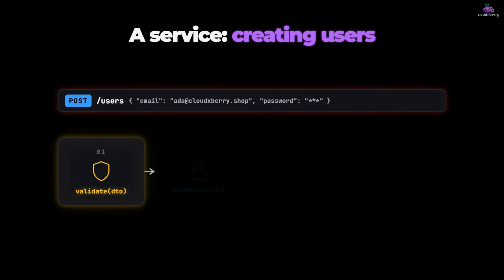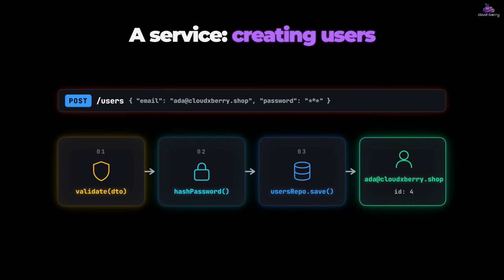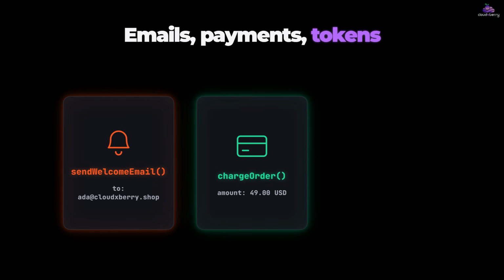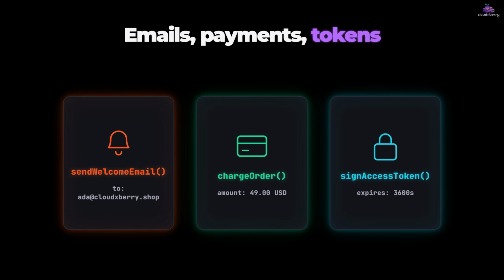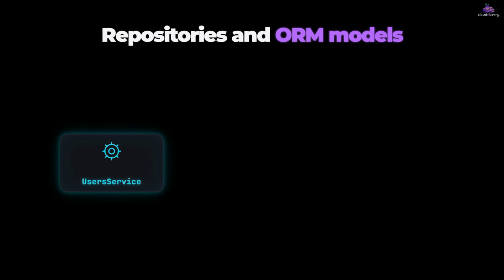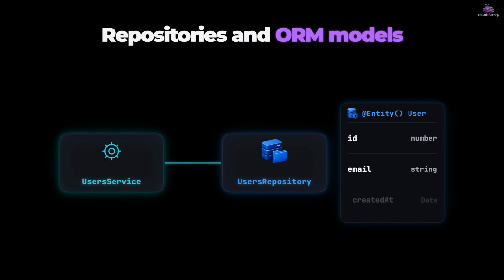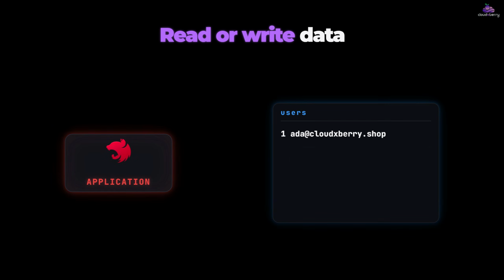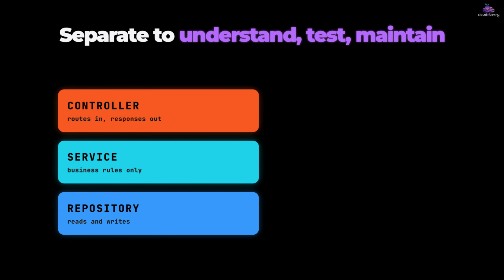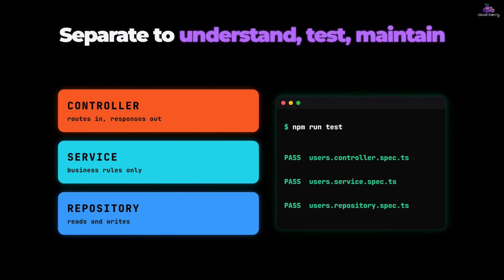A service might contain logic for creating users, sending emails, processing payments, or generating authentication tokens. Services can then communicate with repositories, ORM models, or other data access layers when the application needs to read or write data. Keeping these responsibilities separate makes the code easier to understand, test, and maintain.